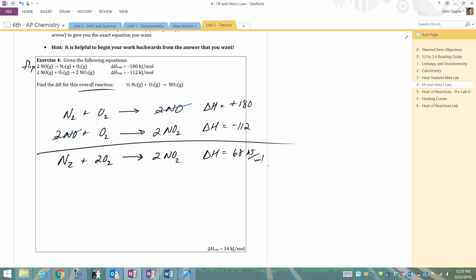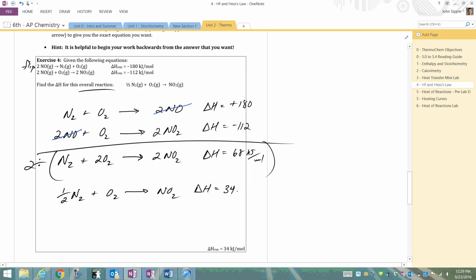I just got to do the same thing to delta H. So I'm going to take this whole thing here and divide it by 2. That'll give me 1/2 N2 plus O2 going to NO2. And then delta H is equal to 68 divided by 2, which is 34 kilojoules per mole.